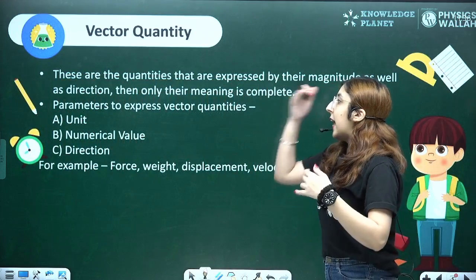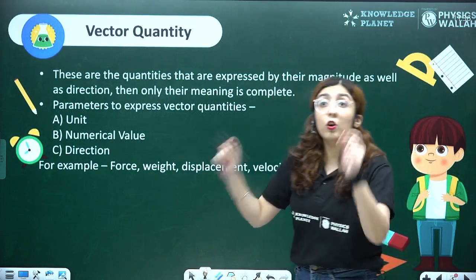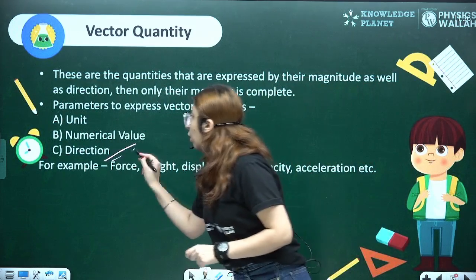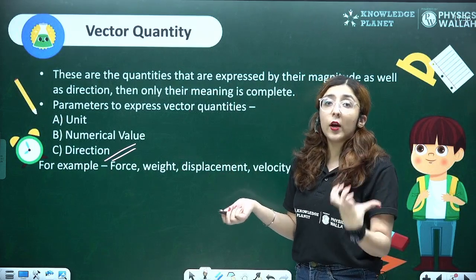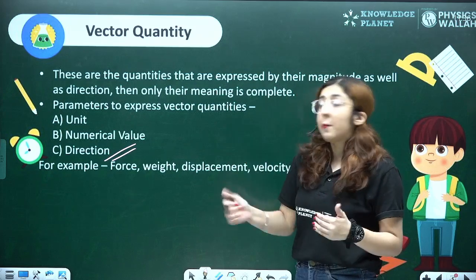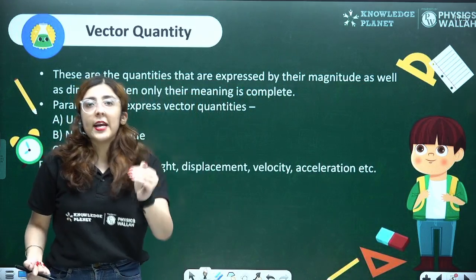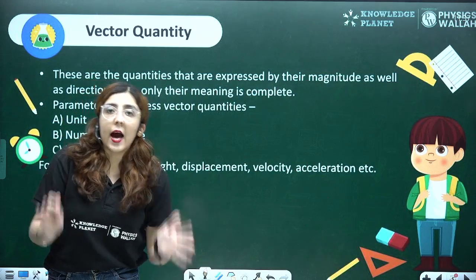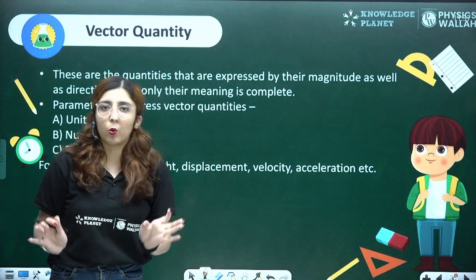There will be a unit, there will be a numerical value, but there will be direction also. Whenever you are talking about force, velocity, acceleration, weight, displacement, you need to be specific with the direction. Without direction, there is no point of talking about vector quantity.